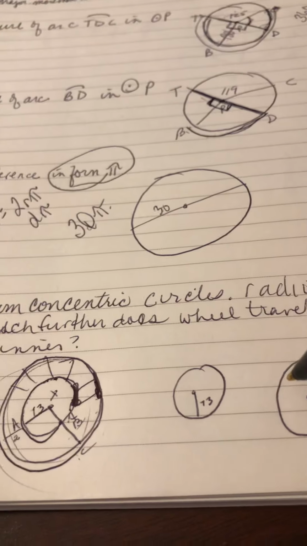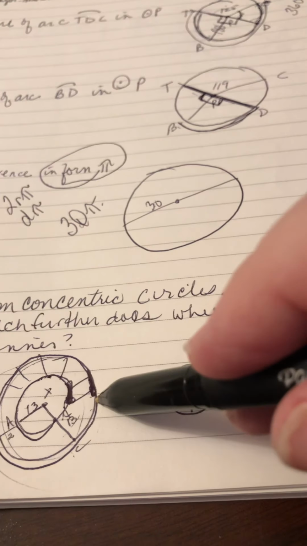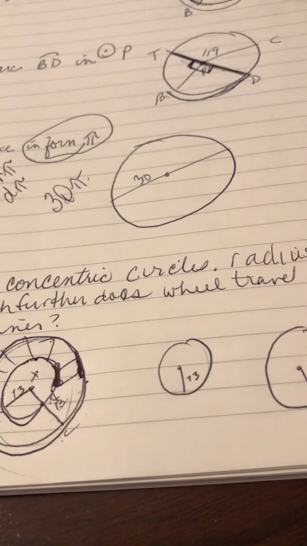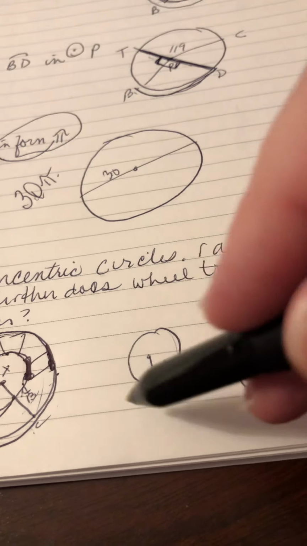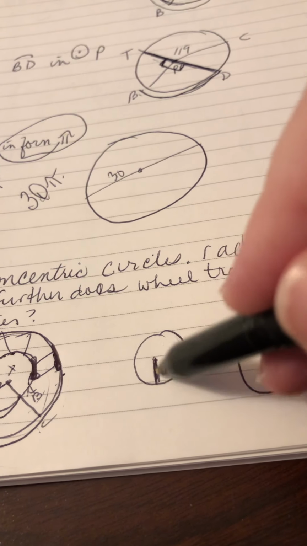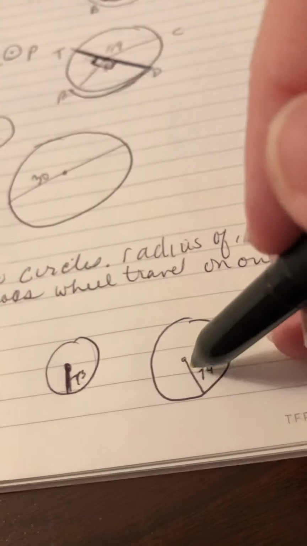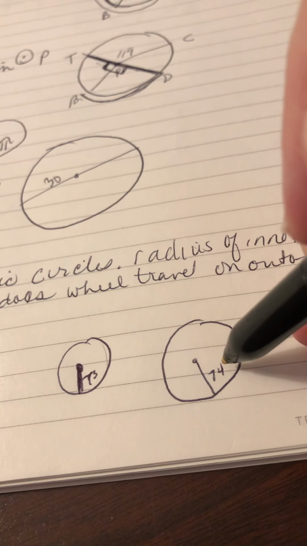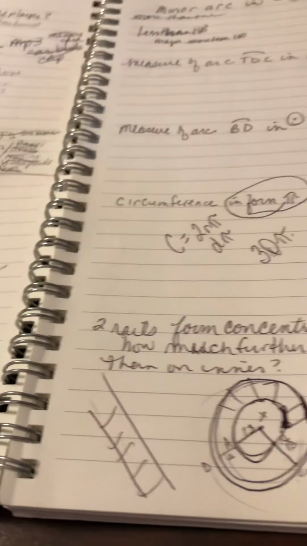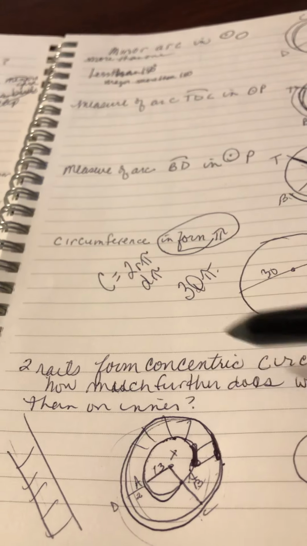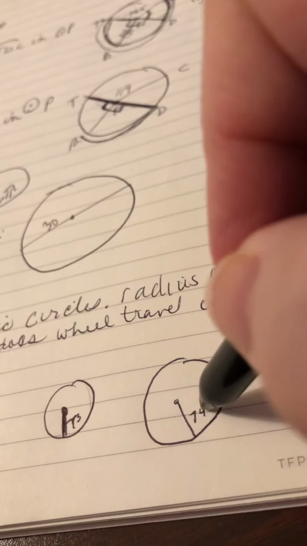And so that's what they're asking you to compare in this one. They want to know, how much further does the outside wheel have to travel than the inside wheel. And so you just need to know the circumference of each, and then subtract them. This one has a radius of 73 for the inside one, and the rails were 2 feet apart, so the outside one would have been 75.